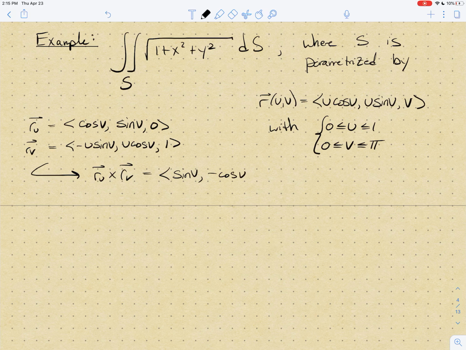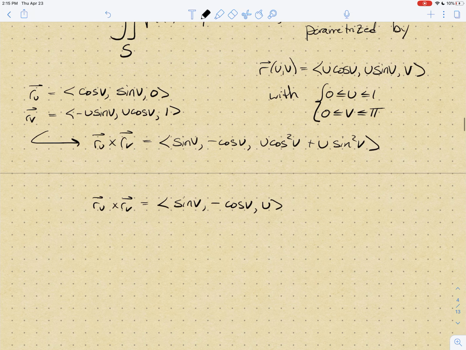Sine v, minus cosine v, and then I'm going to get a u cosine squared v plus a u sine squared v. Oh, that's nice. So I can pop the u out, and cosine squared v plus sine squared v is just 1. So the point is that when I simplify this thing, r_u cross r_v is just going to be what? Sine v, minus cosine v, comma u.